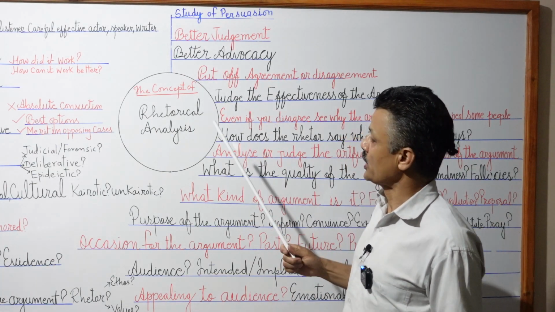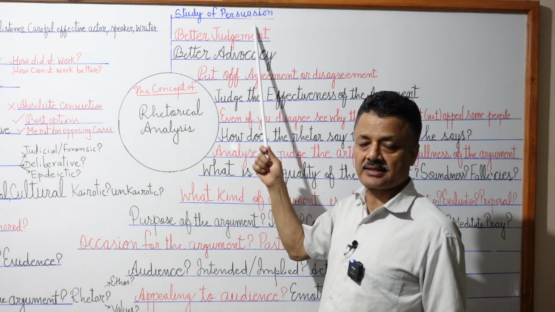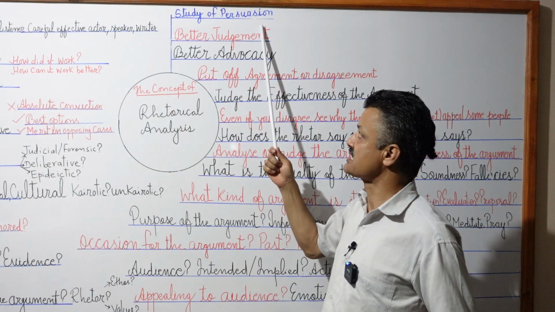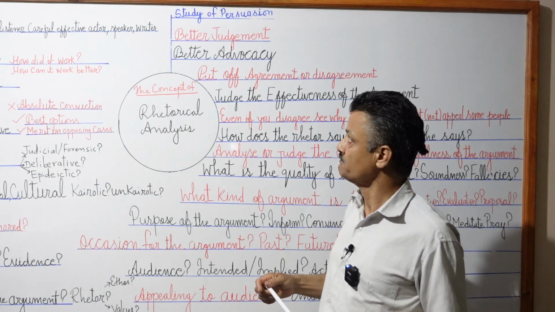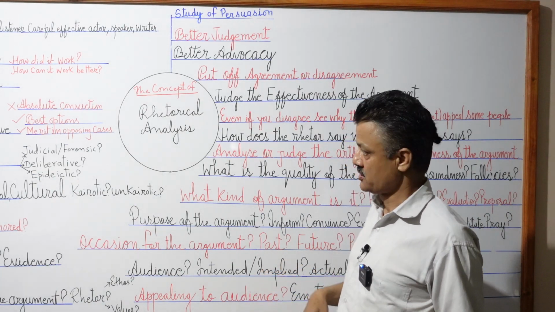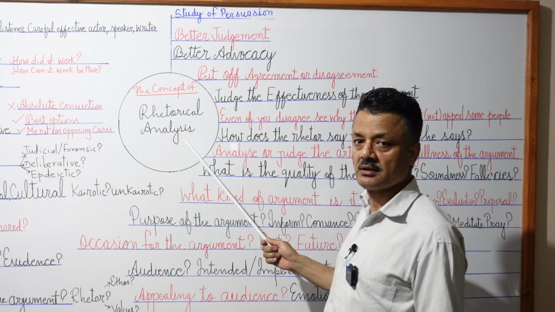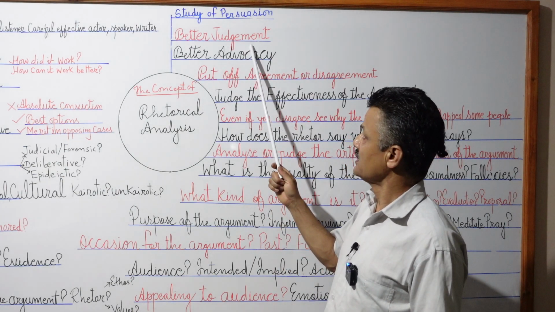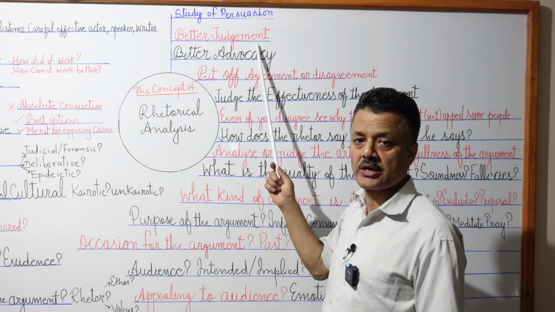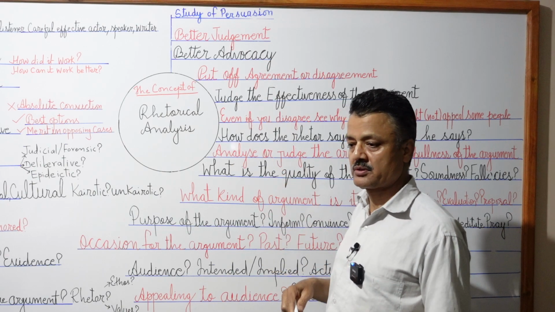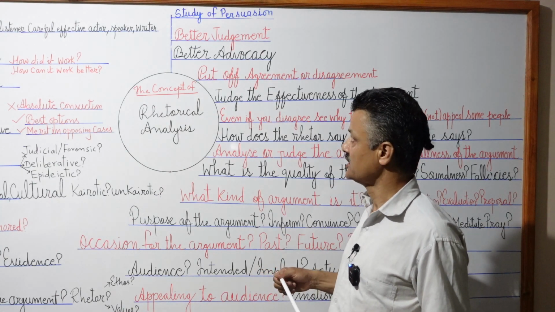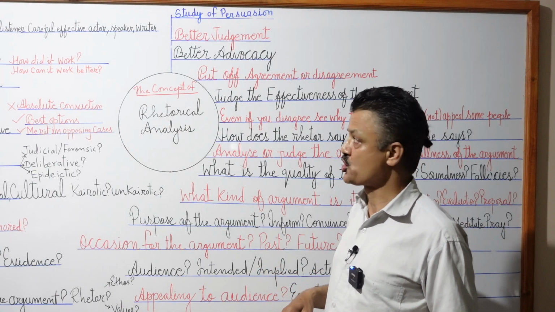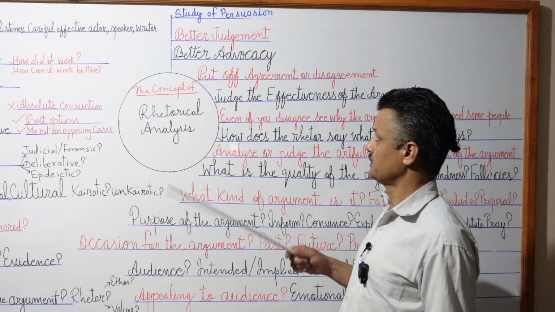So when we study what tactics writers use to convince us, we become better judges. So rhetorical analysis is a kind of judgment we pass about how convincingly an author is saying what he or she is saying.